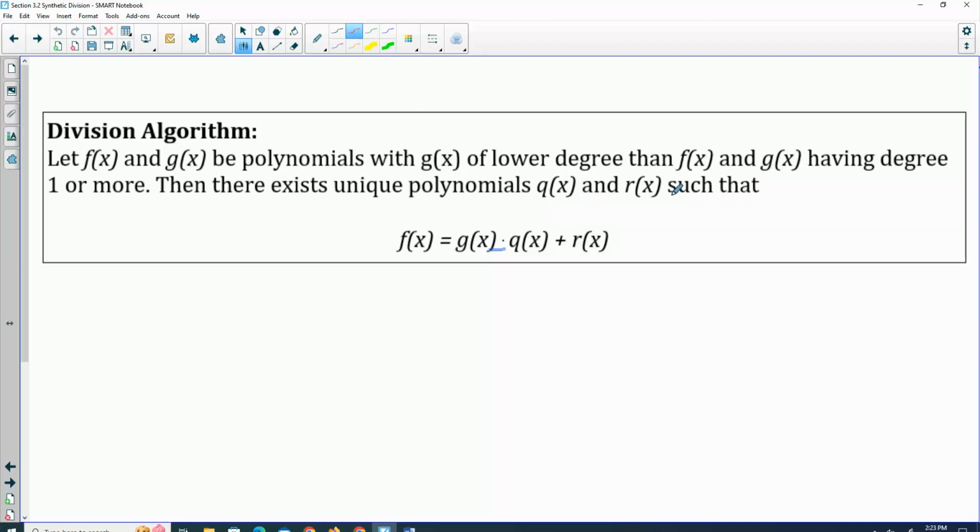Quotient. What do you think R stands for? Remainder. So another way of saying this is if you divide f by g, you get a quotient plus a remainder, right? The division algorithm is basically undoing that. If you take g times your quotient plus your remainder, you get your original f.